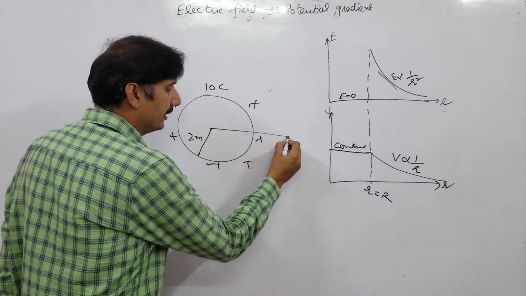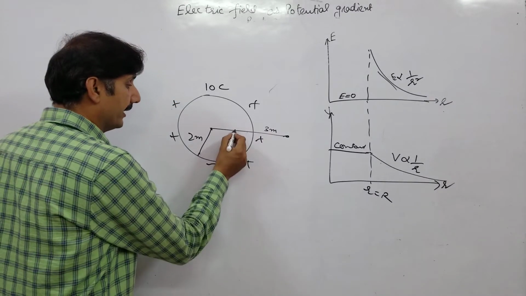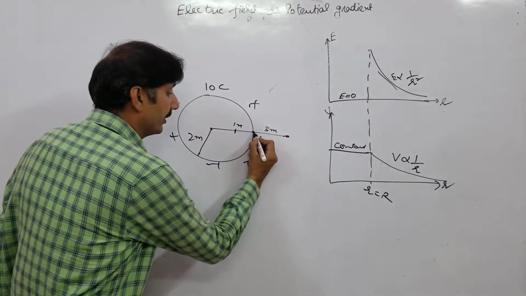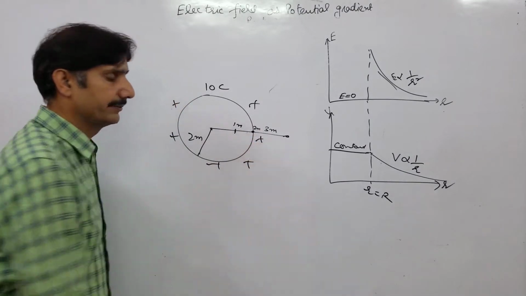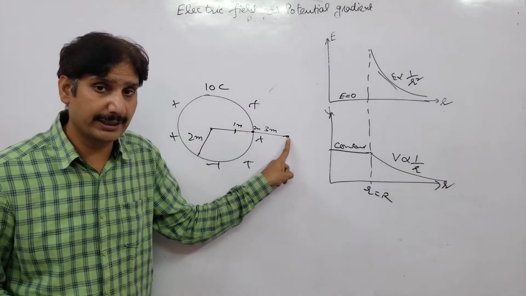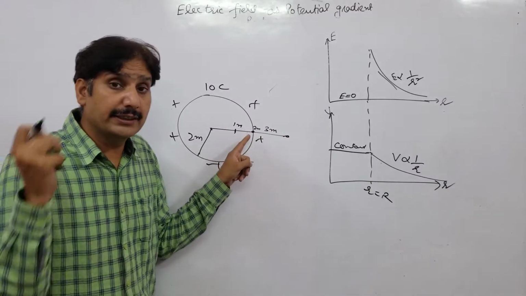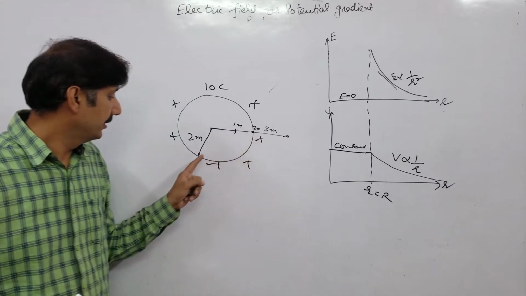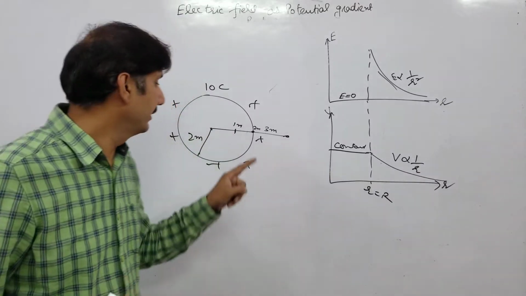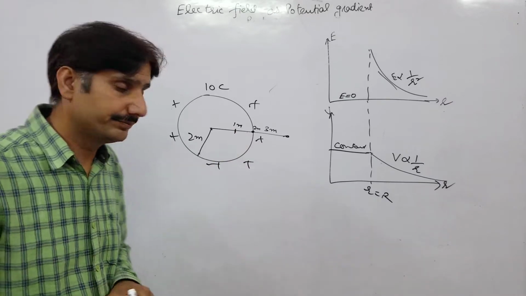I wish to find out potential at a point which is outside the sphere, that is 3 meters away from the center. I wish to find out electric potential at a point which is lying on the surface of the spherical shell, that is at 2 meters from the center, and I also wish to find out electric potential at a point, let's say, inside the spherical shell, which is at a distance of 1 meter.